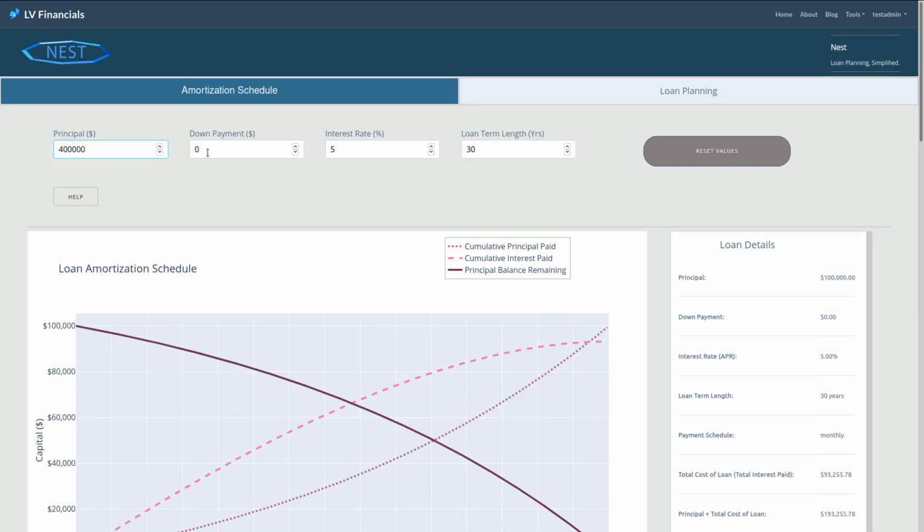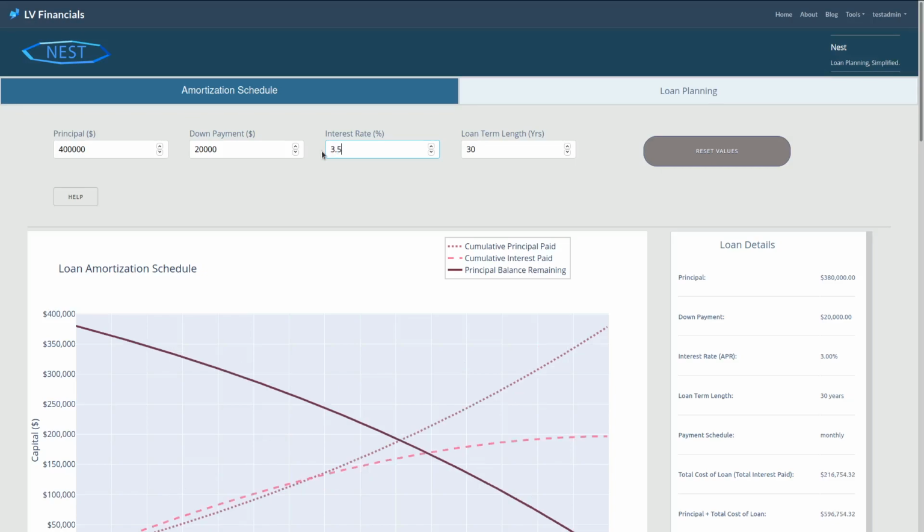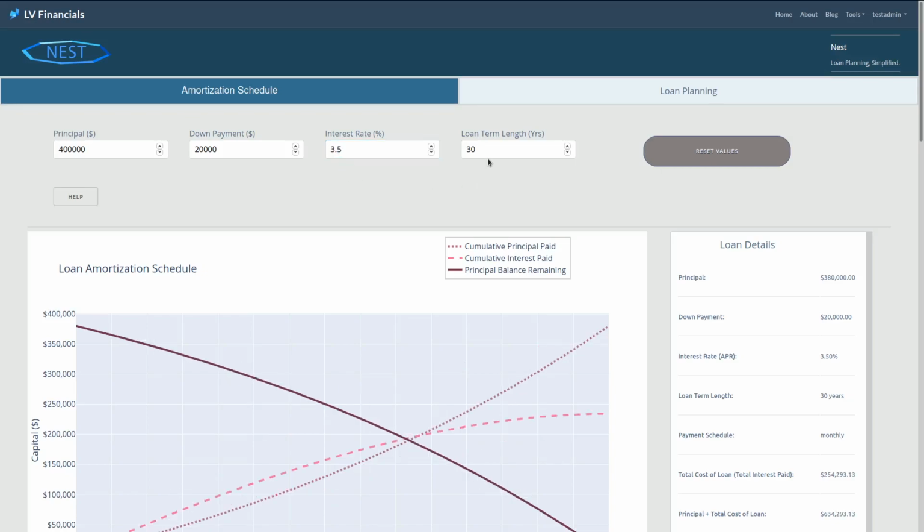Let's suppose that you have a small amount for a down payment. Let's say $20,000. We'll set the interest rate at 3.5%. And we will leave the loan term length at 30, since a typical mortgage is roughly 30 years.